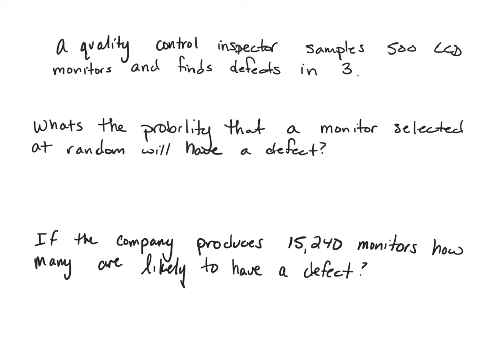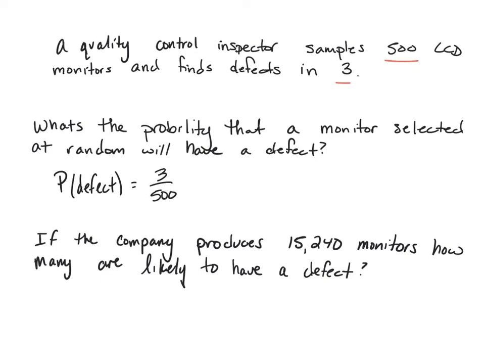So we look at this and say a quality control inspector samples 500 LCD monitors, finds defects in 3. So what's the probability that a monitor selected at random will have a defect? So if I'm using this fact that I have 500 that I sampled, 3 that are defective, I can say the probability of a defect is going to be 3 out of 500, right?